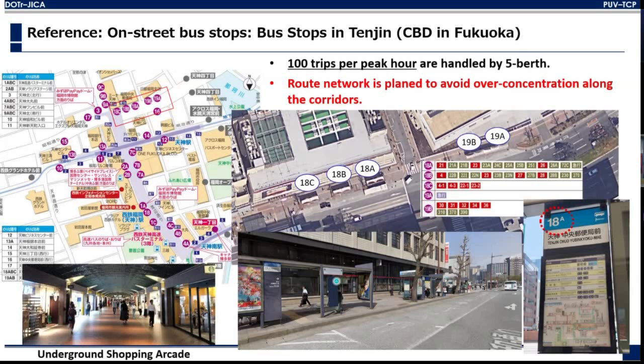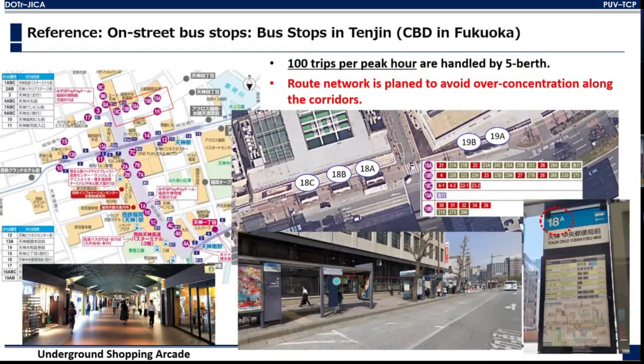These 3 bus stops are connected by underground shopping arcades in Fukuoka city, so a safe walking environment is secured. This is one of the best cases of public transport traffic management in city centers in Japan.